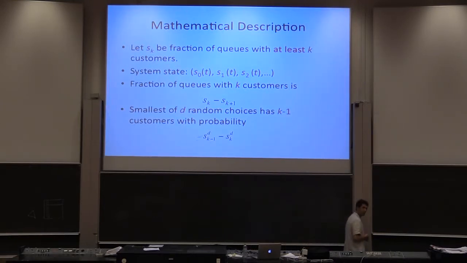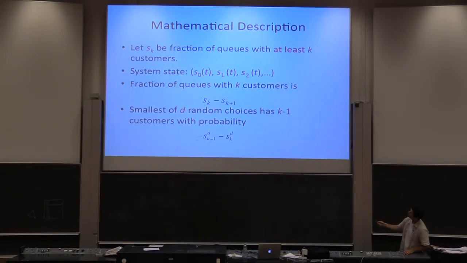All right, so similar to what we were doing before, we can imagine keeping track of the system over time, where s_k(t) is going to be the fraction of queues with at least k customers. So now, what's the rate at which customers disappear?